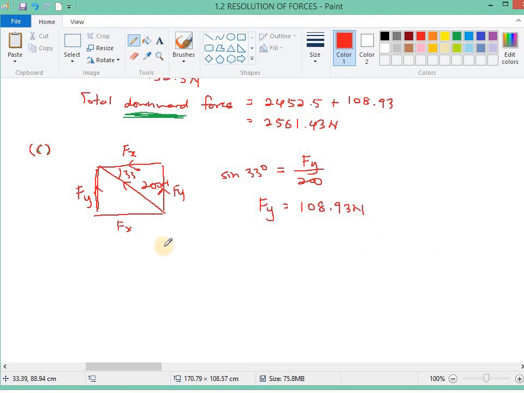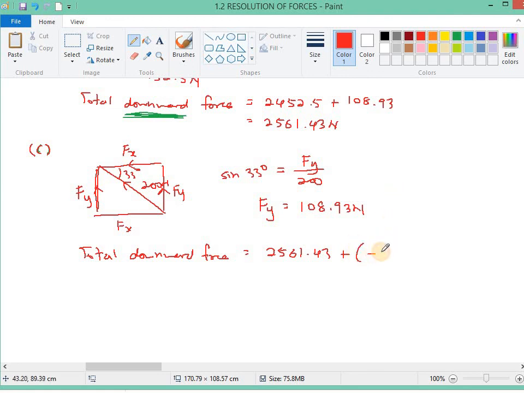Now it wants you to calculate the total downward force. So you write total downward force is the weight plus this vertical component. The weight is 2561.43 plus this 108.93 is in the opposite direction. That means it's going upwards.